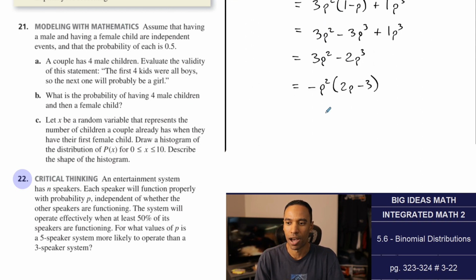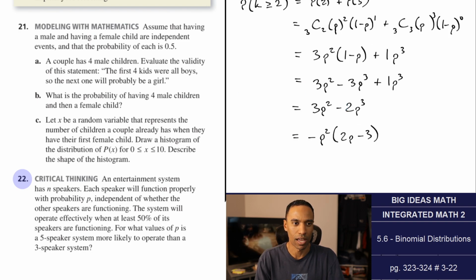Let me put this in another table and see how it compares. Let me go to my graphing calculator. Let me take out this second one that I wrote, and let's write in negative x squared. I don't think there's a reason for me to factor in this scenario, but I'm going to compare these. 2x minus 3.